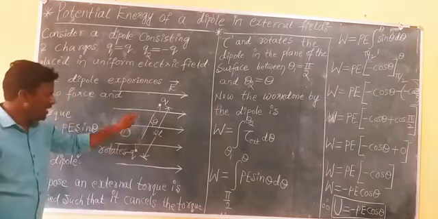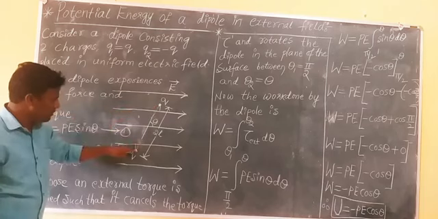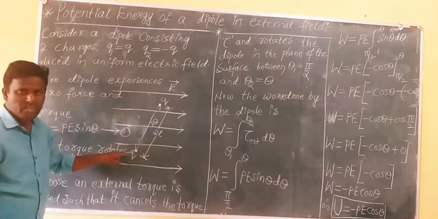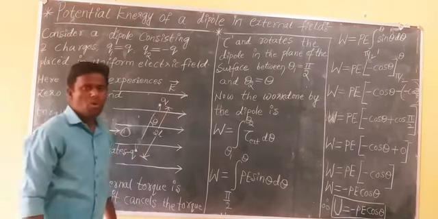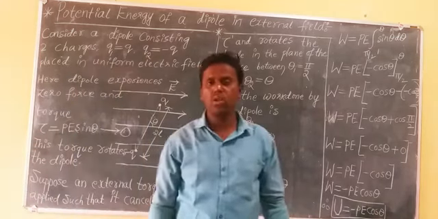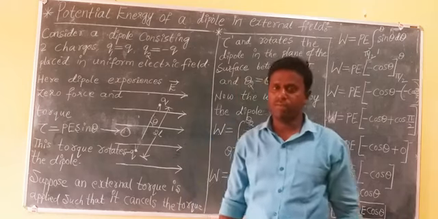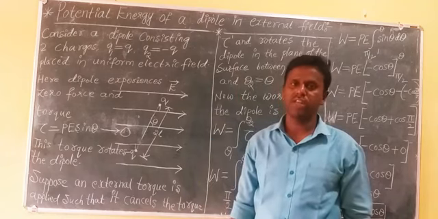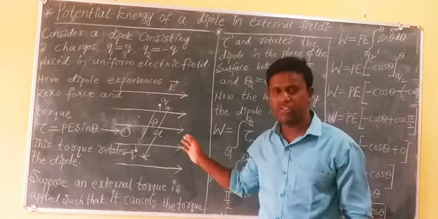And I am taking a dipole here. This is the dipole. Remember, what do you mean by an electric dipole? An electric dipole means a system of two charges which are equal and opposite in nature and separated by a small distance.